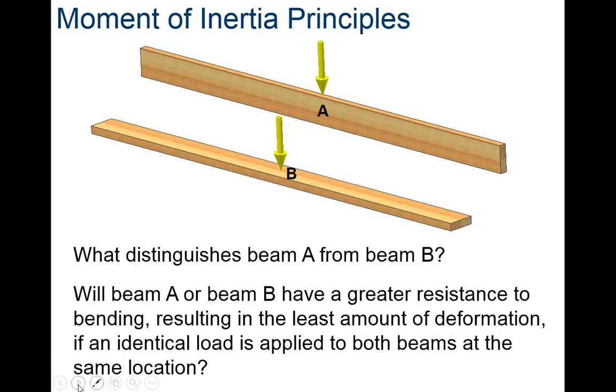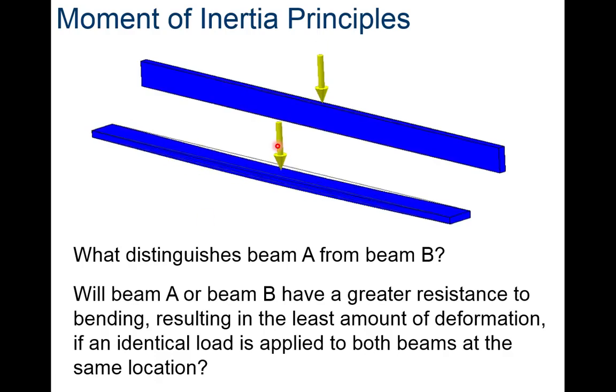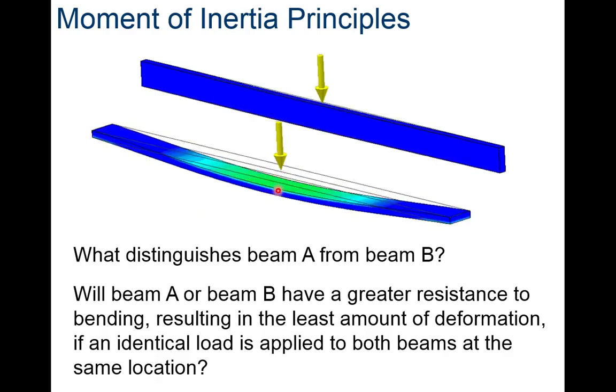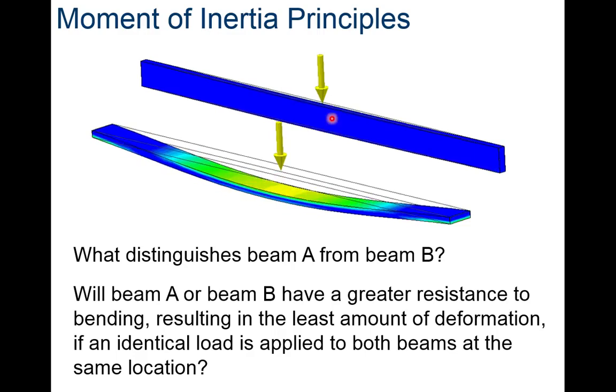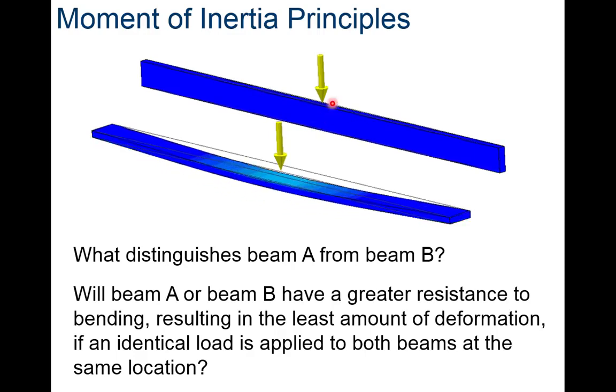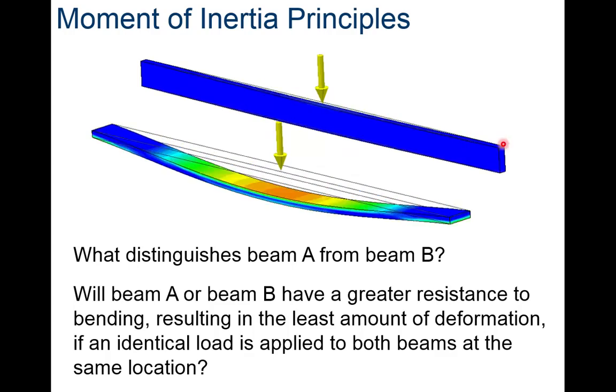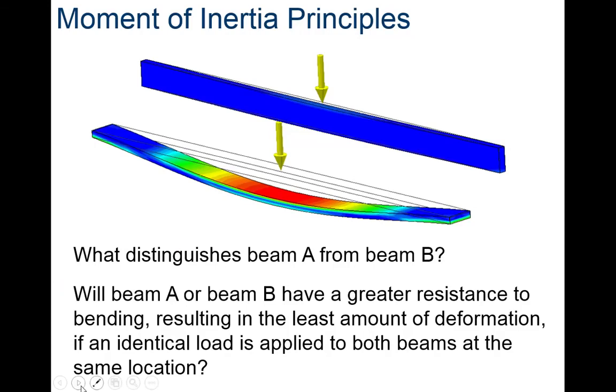So what distinguishes A from B? Well, you can probably already realize that you're going to have way more deflection with this beam versus this one. It's a lot stiffer in this orientation. Again, stiffness related to its shape, either vertical orientation or horizontal orientation.